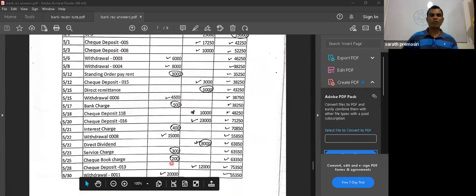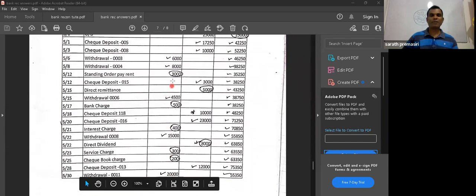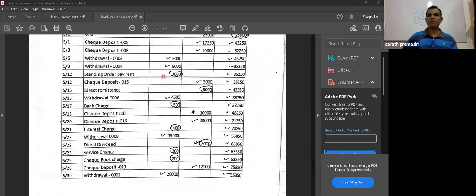Checkbook charge 200 is there. These are recorded only in the bank statement, but not recorded in the cash payment journal. These items are available only in the bank statement.